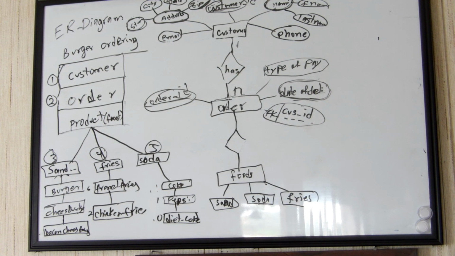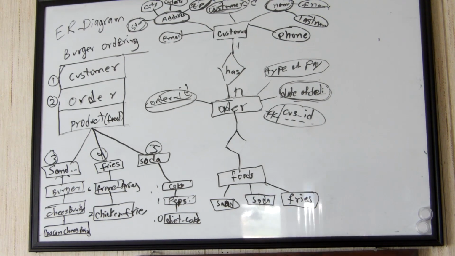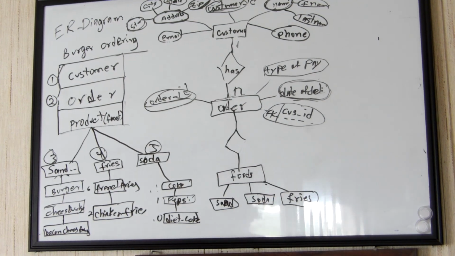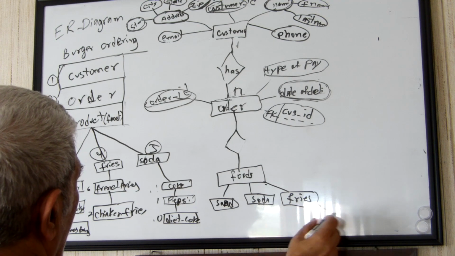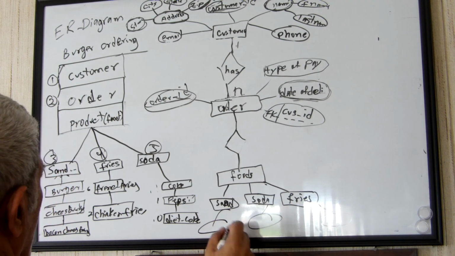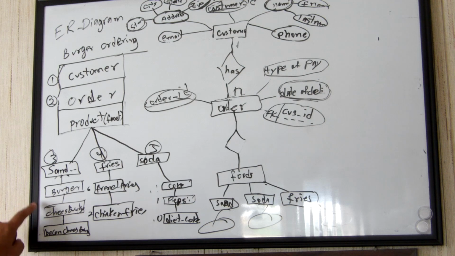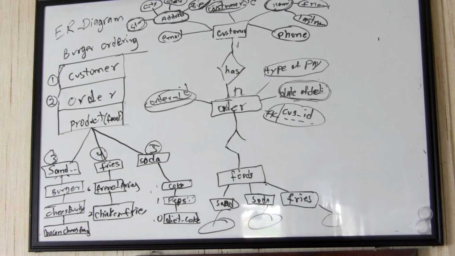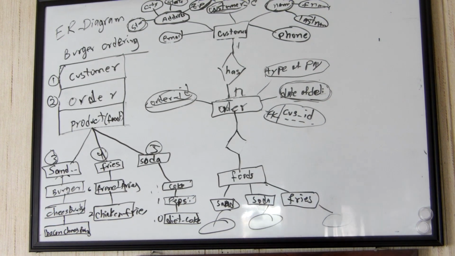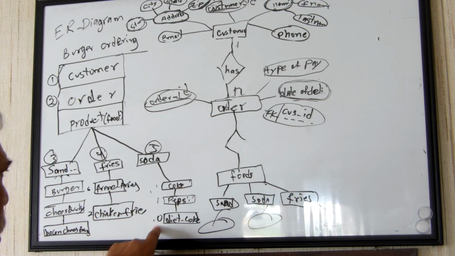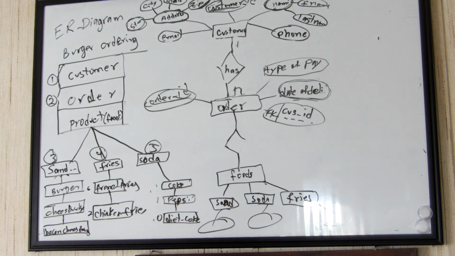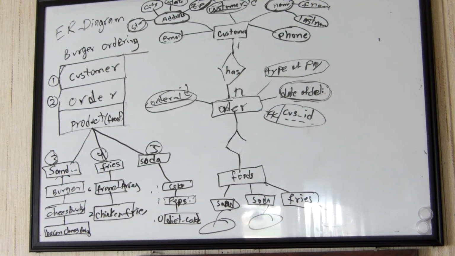We are going to finish it in the next video because there are a lot of other things. Then we are going to write the attributes of all these: sandwich has burger, cheeseburger, bacon cheeseburger; soda attributes are Coke, Pepsi, Diet Coke; and fries are going to be French fries and chicken fries.